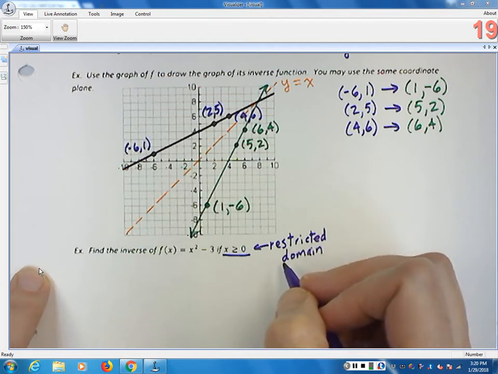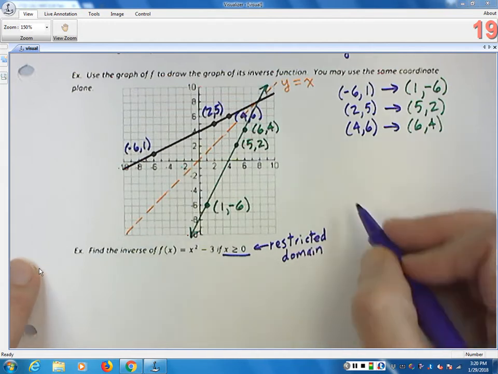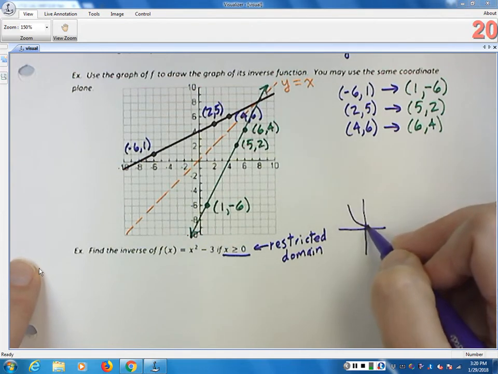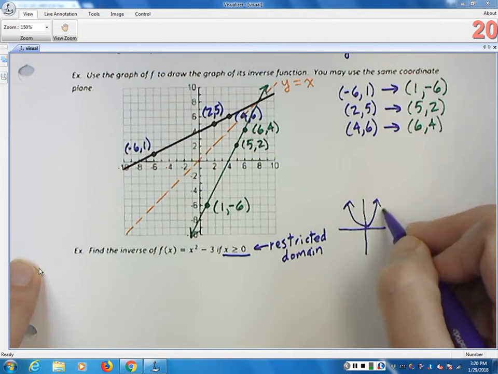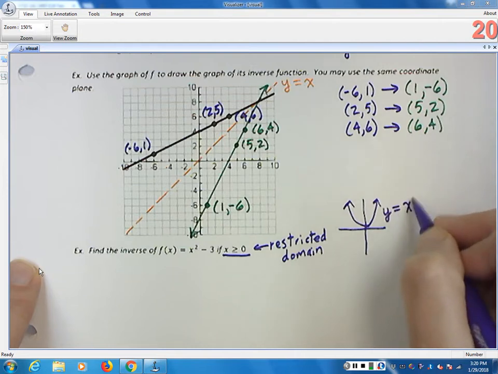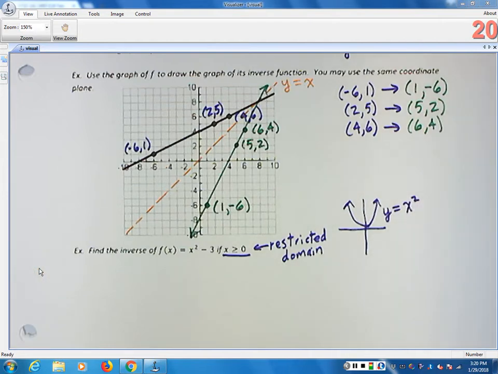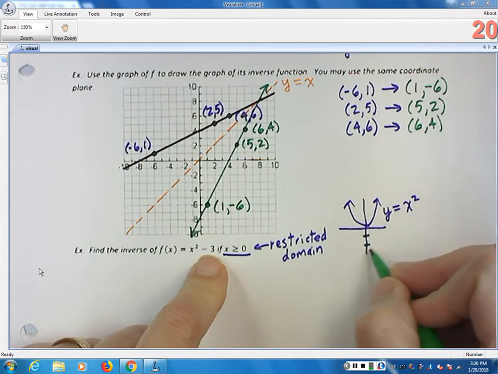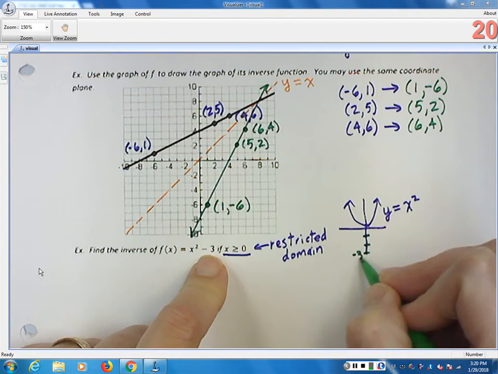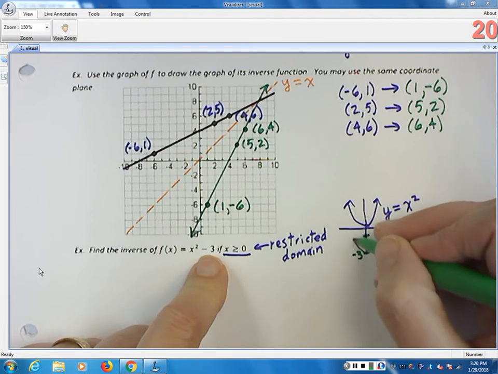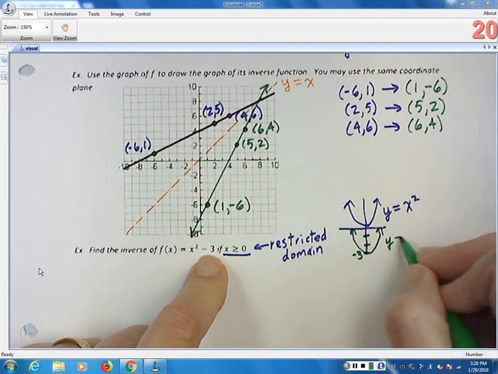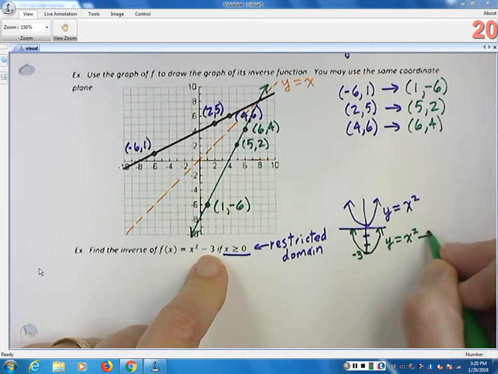Okay, and y equals x squared would be up here. And so if you remember the 1.6 section, if we're subtracting 3 on the outside, that shifts it down 3 to negative 3. So this is y equals x squared minus 3.